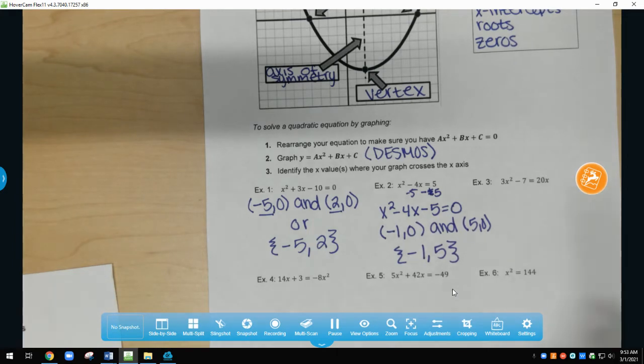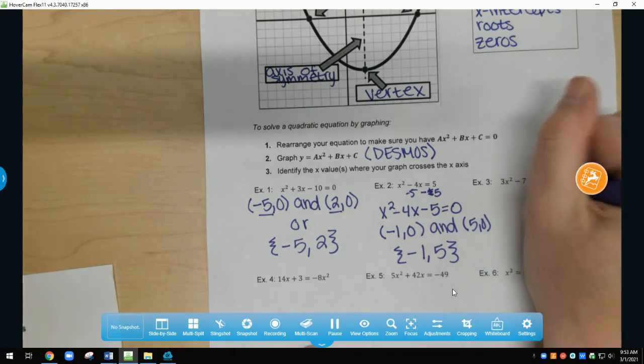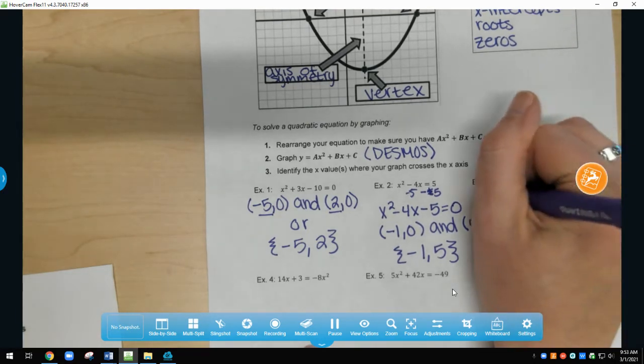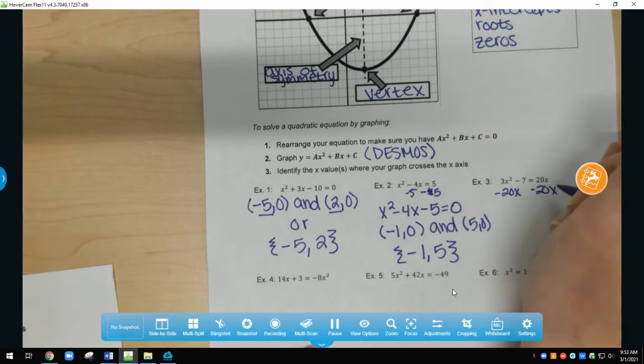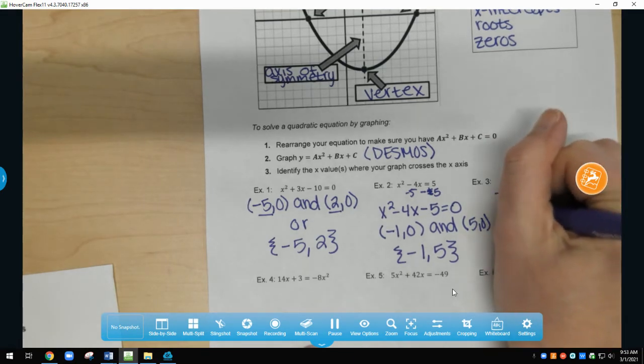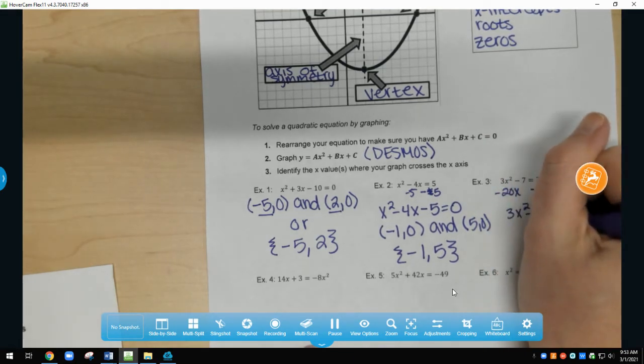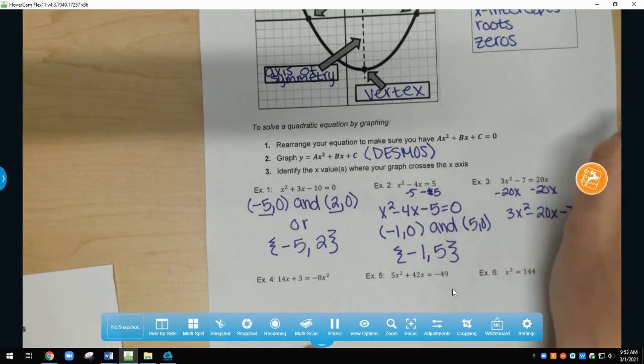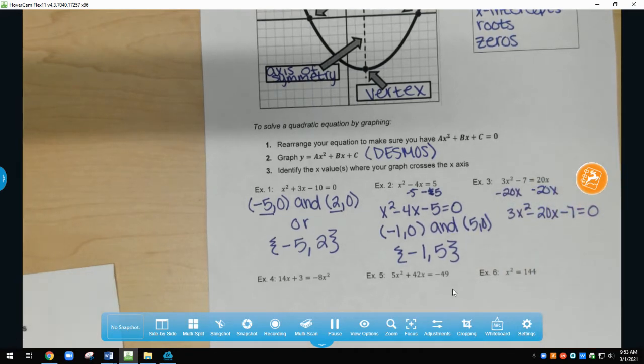Okay, let's look at the next one. 3x squared minus 7 equals 20x. So we need to move the 20x. It can't combine with any of those, so I have 3x squared minus 20x minus 7 equals 0. I'm going to go ahead and put that in Desmos.